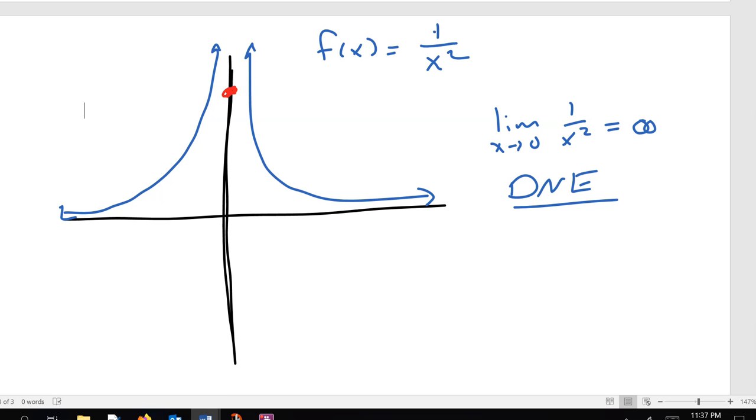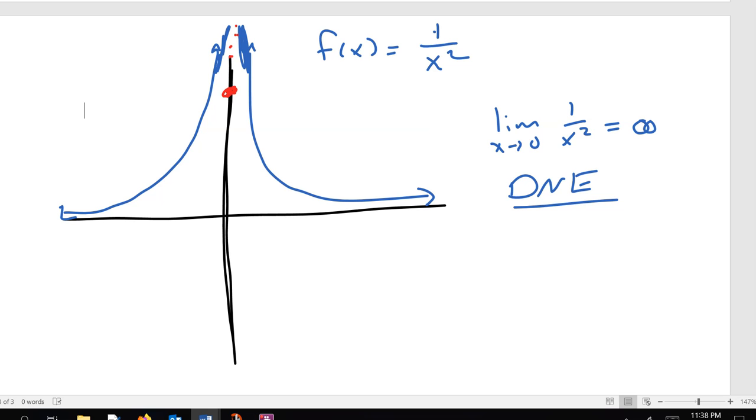You can keep imagining these keep going further and further up, and they keep getting closer and closer to the x-axis, but they're never going to touch the x-axis. So no matter what, if I put any kind of point in there, it's never going to join those two pieces together. There's always going to be a gap. So that is not a removable discontinuity because we can't fill in that hole.